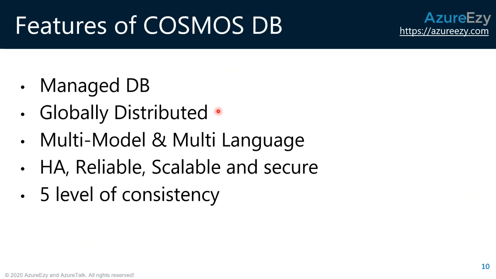Cosmos DB doesn't only replicate the data set inside the data center, but also gives you the ability to replicate to multiple data centers, that too in different regions, and distribute your data globally. All you have to do is click.